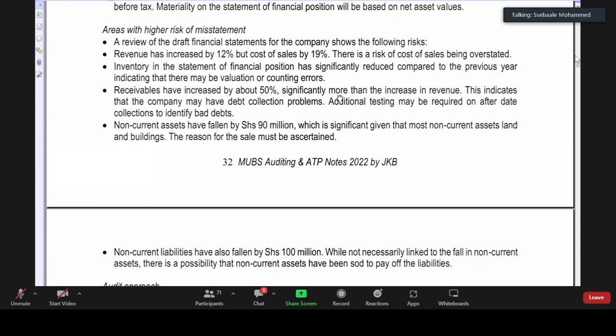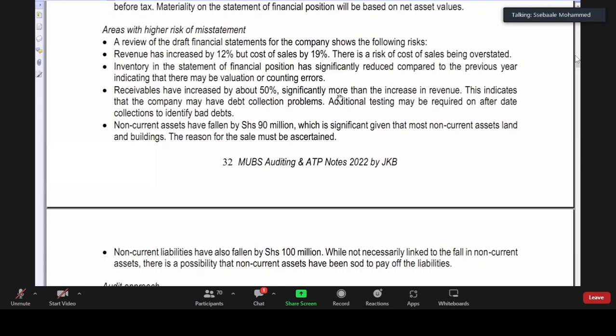But for you to ascertain that these debts are old and require to be provided for, you have to base on the credit policy of the client. When do they fully provide for bad debts? Is it after 90 days, 180? We normally classify them in 30 days, 90 days, 180, then 365 days.